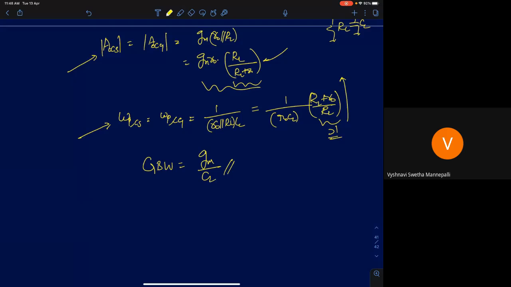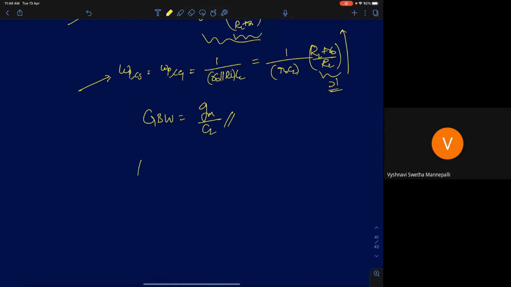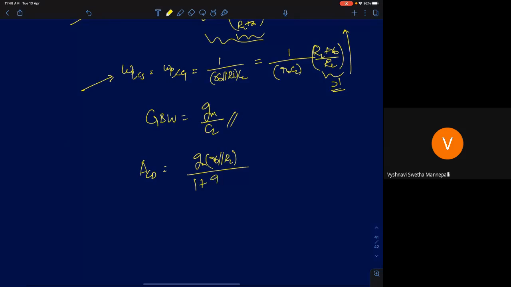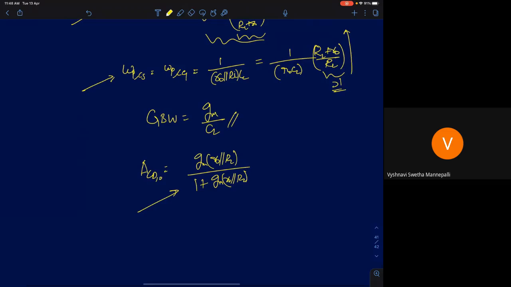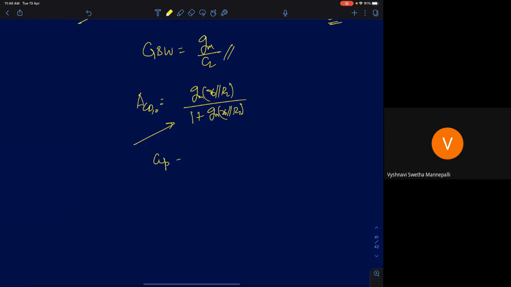Okay. Finally, we will see for ACD, the common drain amplifier, the gain is given by GM into R0 parallel RL upon 1 plus GM into R0 parallel RL. That's your DC gain. And the pole location, previously it was 1 by GM parallel R0.